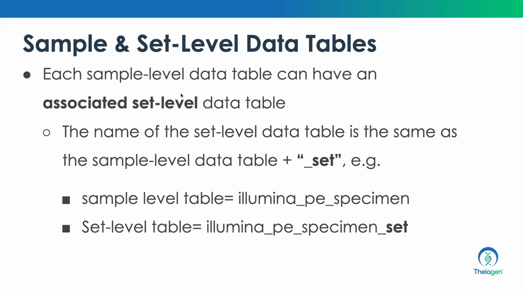As you've noticed, if you ran Theiagen, you started with training data, and then you had another data table created with a suffix underscore set. So for example, here in this slide, if you had a sample data table called Illumina PE specimen, once you run a workflow on that table, you'll see an Illumina PE specimen underscore set data table created.